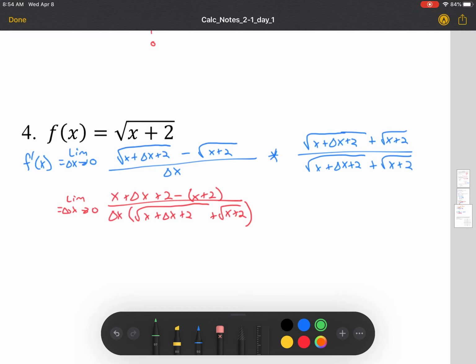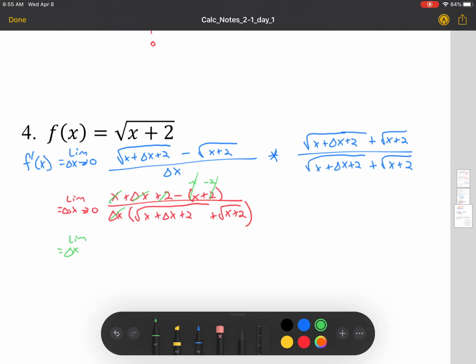Okay, and from here, again, let's start canceling. This becomes a -x and a -2 because of that. So then you can cancel. Then look at that, cancel.